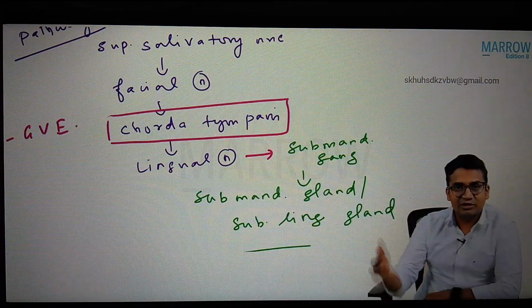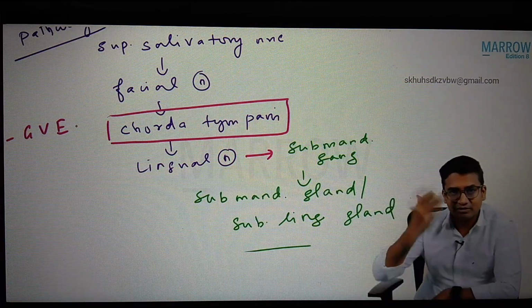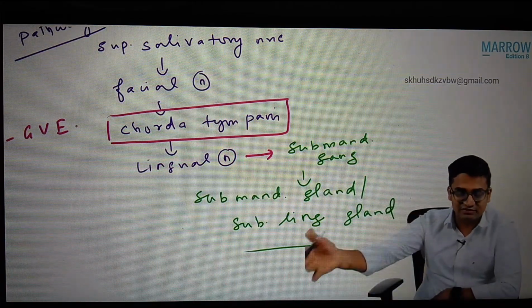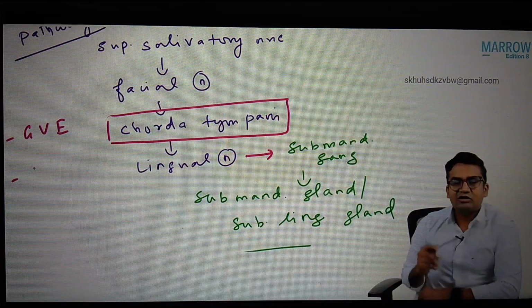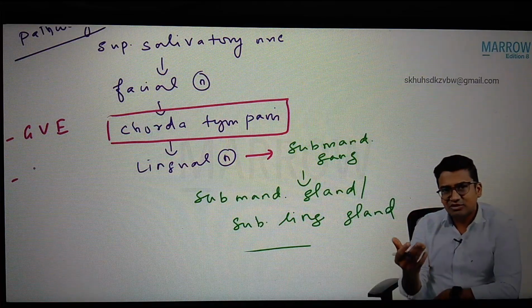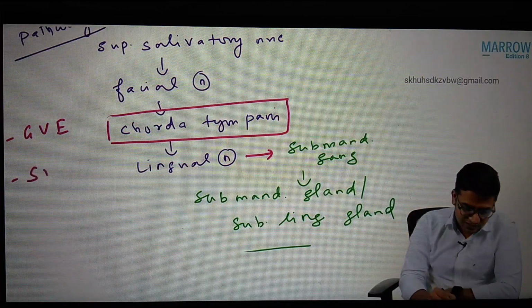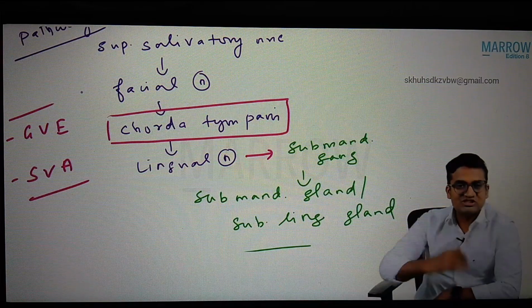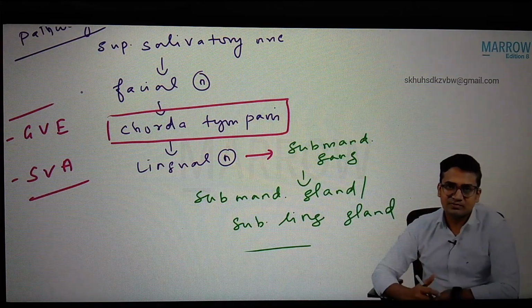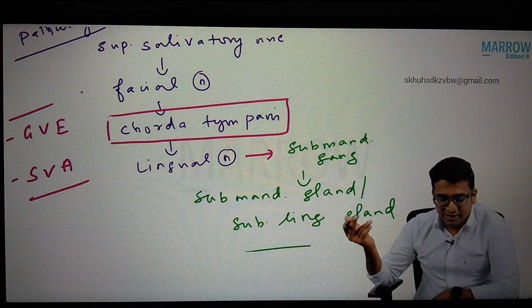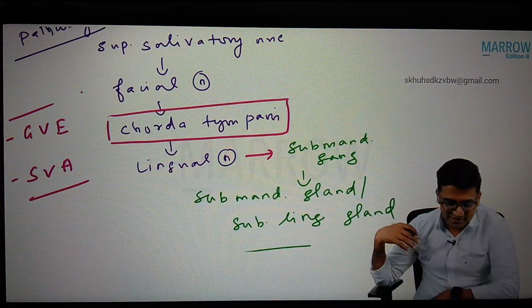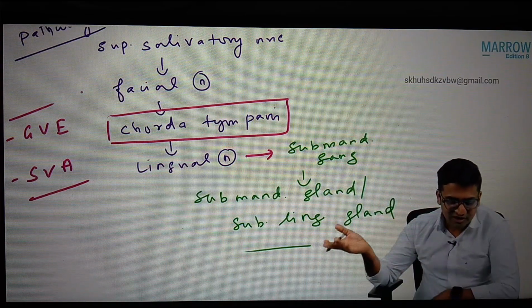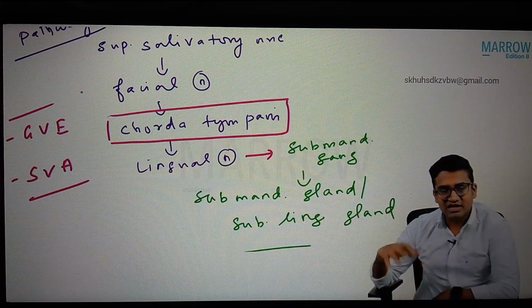General visceral efferent fiber, parasympathetic fiber. Preganglionic parasympathetic fiber, general visceral efferent. And chorda tympani also carries taste fibers from the anterior two-third of tongue. SVA fibers, special visceral afferent fibers, carry taste from the anterior two-third of tongue. So chorda tympani carries general visceral efferent fiber and special visceral afferent fiber.